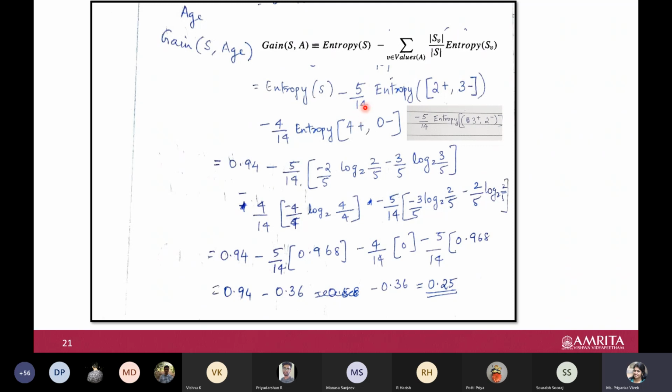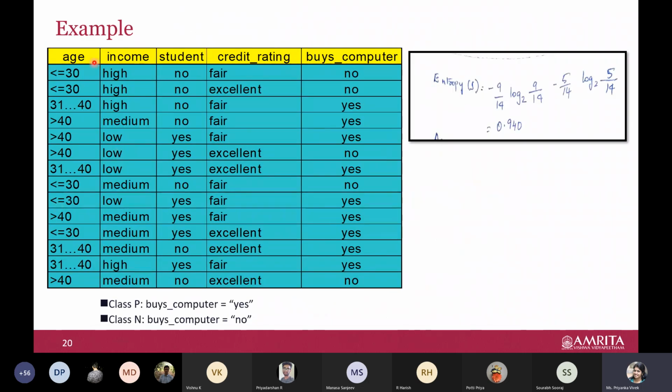How many instances are there in the data set which are less than or equal to 30? Can you tell me how many? 5, isn't it? We have a total of 14 instances, out of which 5 are less than or equal to 30. So the proportion is 5 by 14.